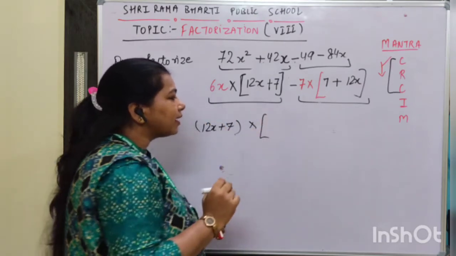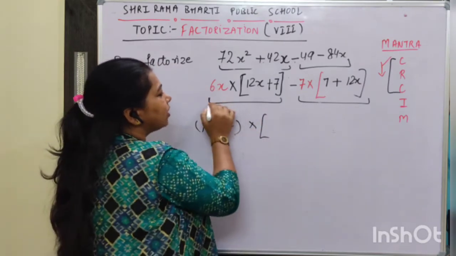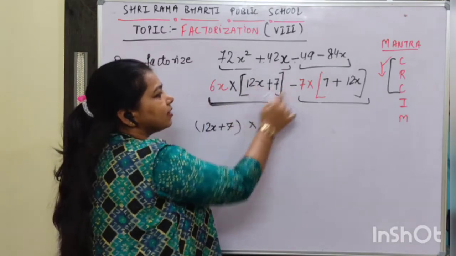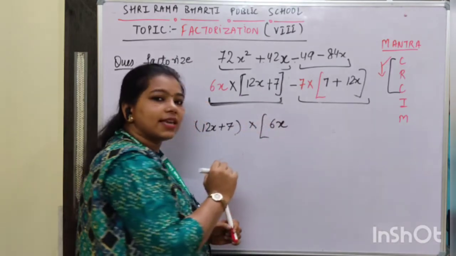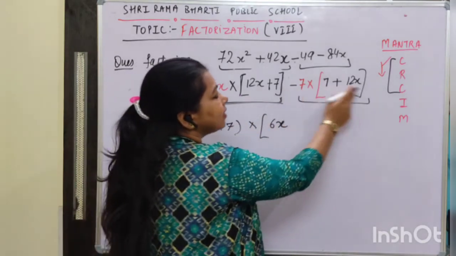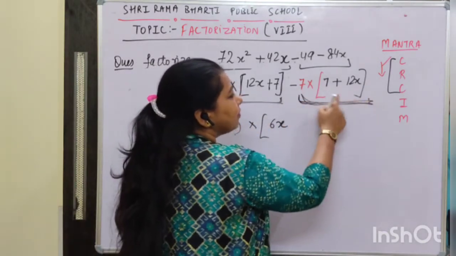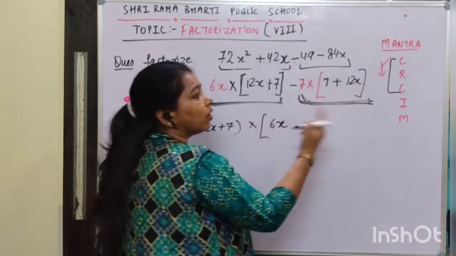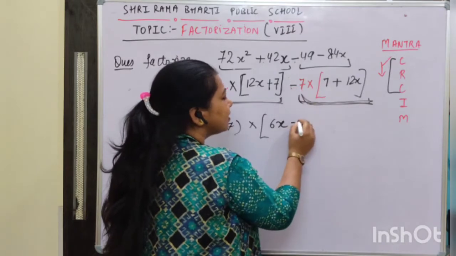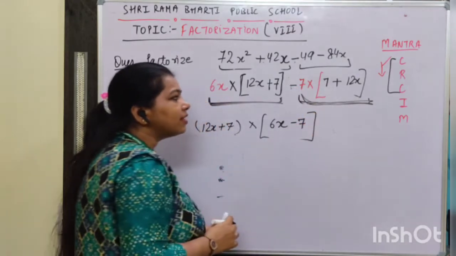Now we will open the bracket. Now in this whole term, we have taken this out. So what are we left with? We are left with 6x, right? And in this term, we have taken out this number as a common factor. So what are we left with? We are left with minus 7, right children?